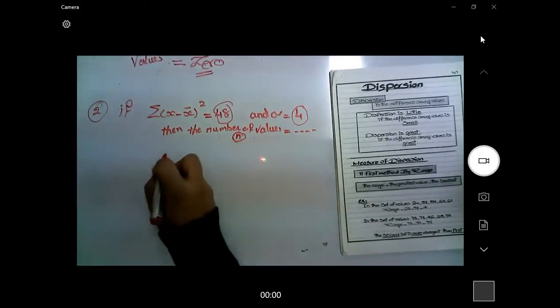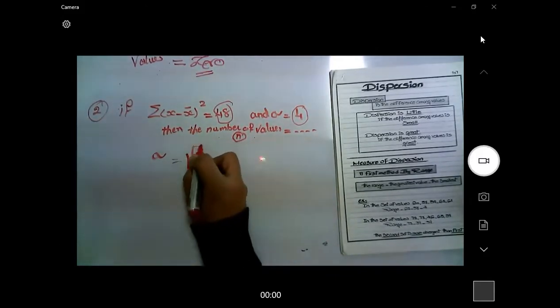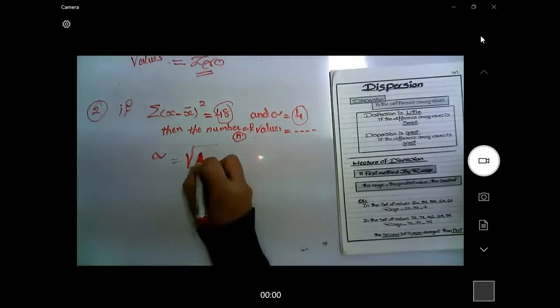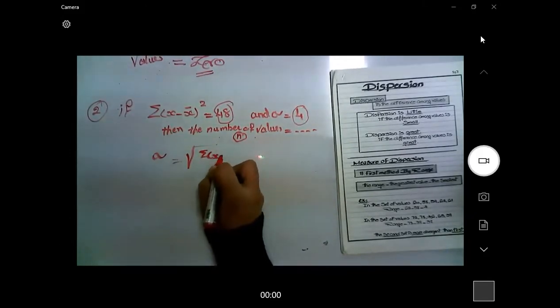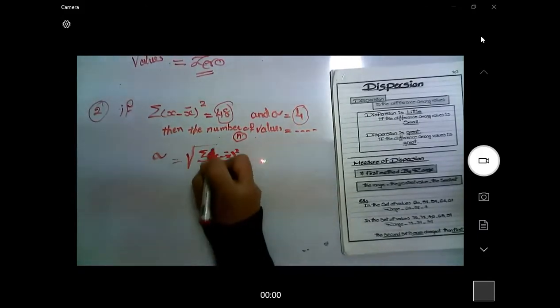We have the rule: the standard deviation equals the square root of the summation of (x minus x dash) all power 2 divided by n.